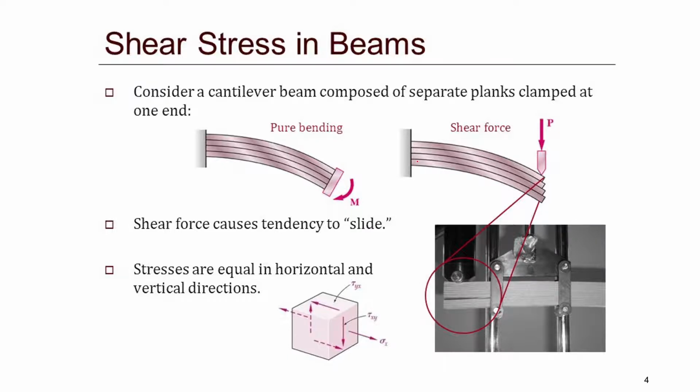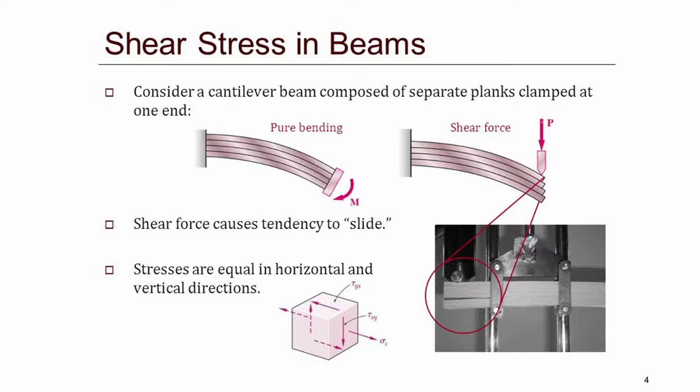Okay, consider a cantilever beam composed of separate planks clamped at one end, and if all of these beams are bonded, you apply a pure moment, right? If you apply pure moment, doesn't matter whether it's bonded or not, they will deform simultaneously. Essentially, this is the pure bending scenario.